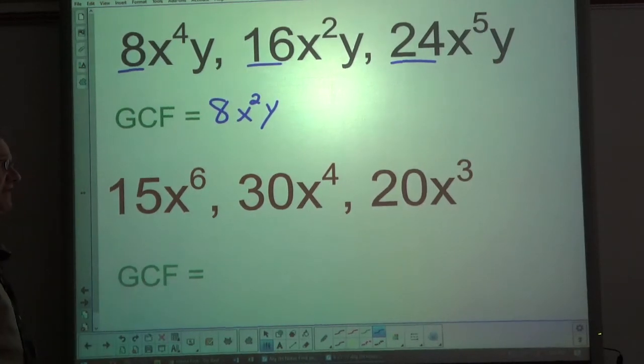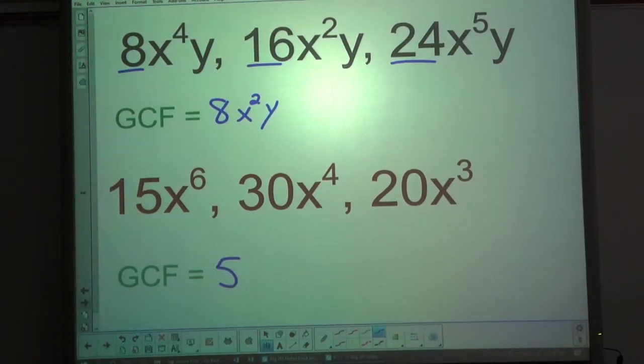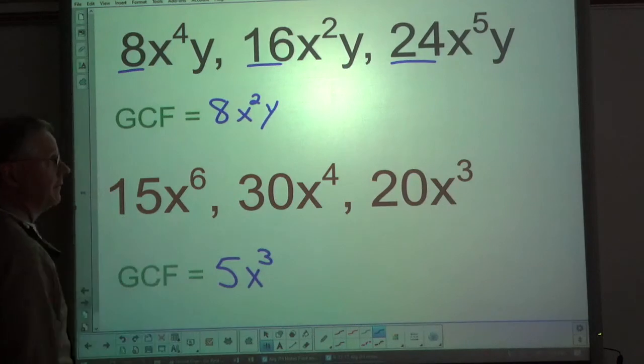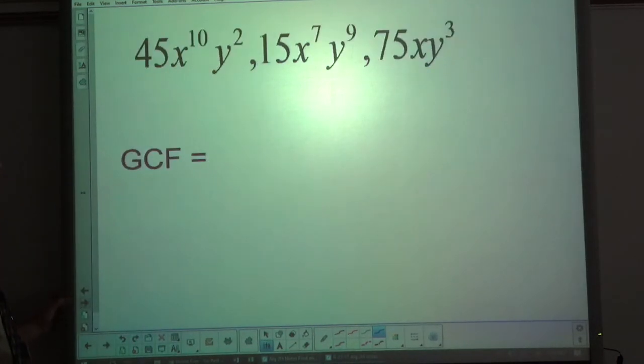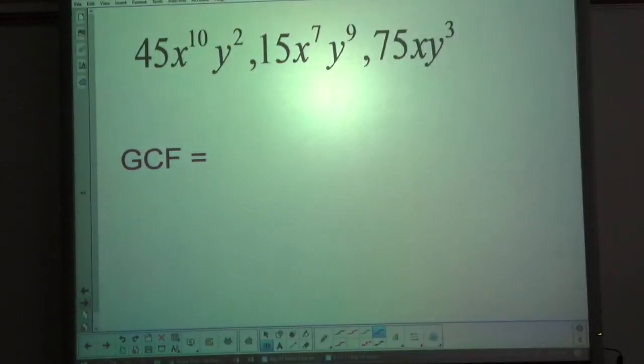Down here, 15, 30, and 20. They all have a 5 for a GCF coefficient. And then they all have an x with the smallest exponent of 3. Hopefully you got that. If so, give this one a try. See if you can come up with the GCF. Pause it and see what you get.